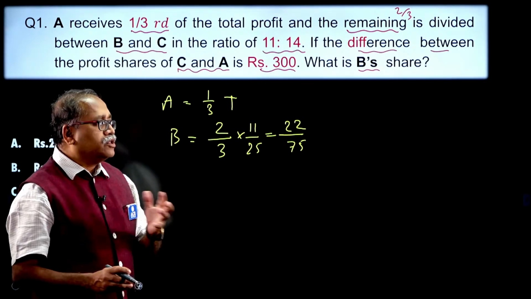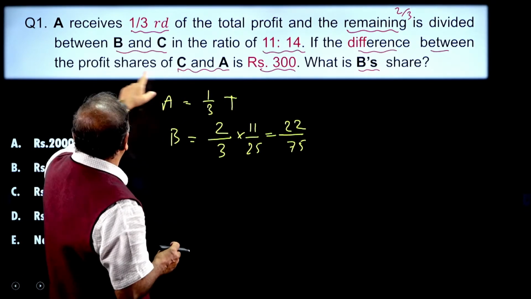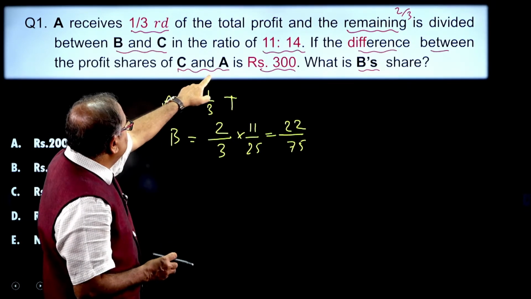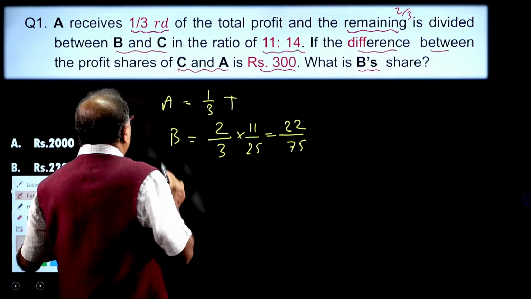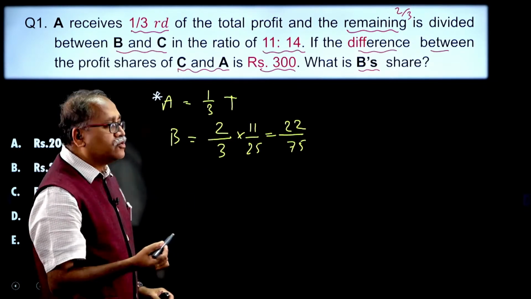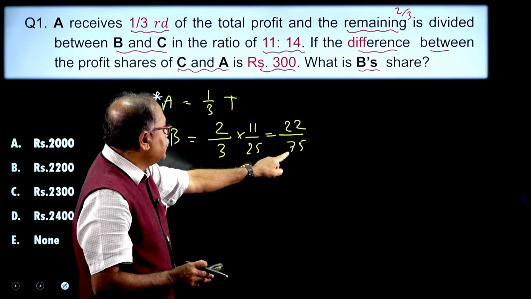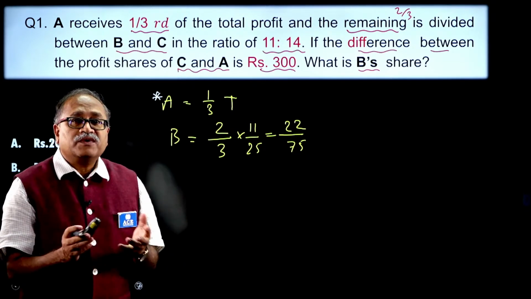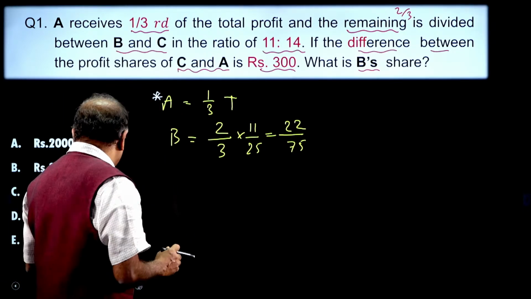And what about the remaining part? It is given to us as the difference between the share of C and A. So, I got A over here, and I need to find out C. So, what about C? If B is 22 by 75, then what will be the remaining part? The remaining part will be 2/3.